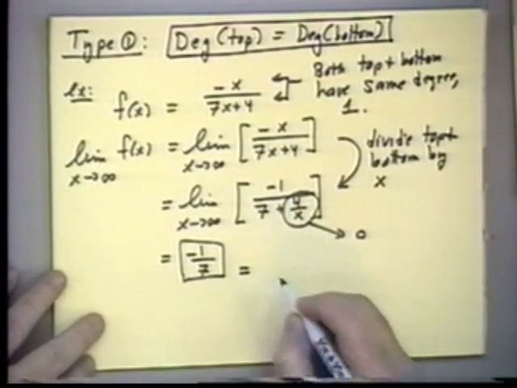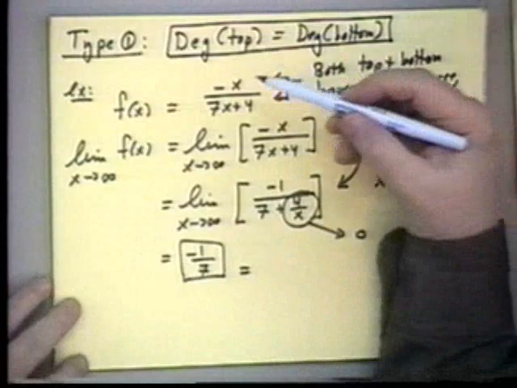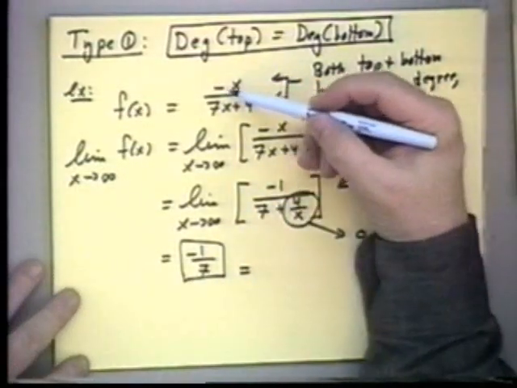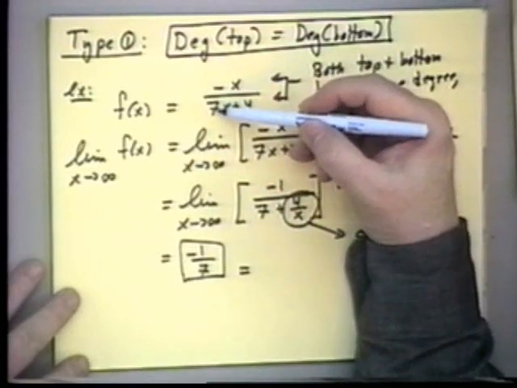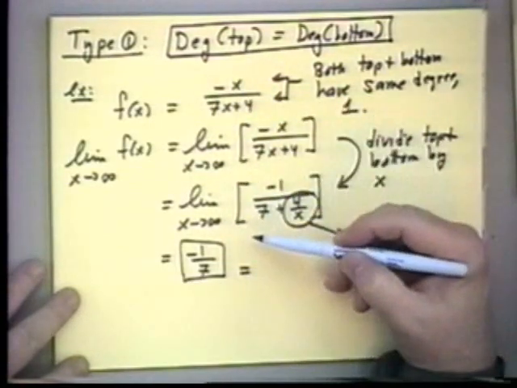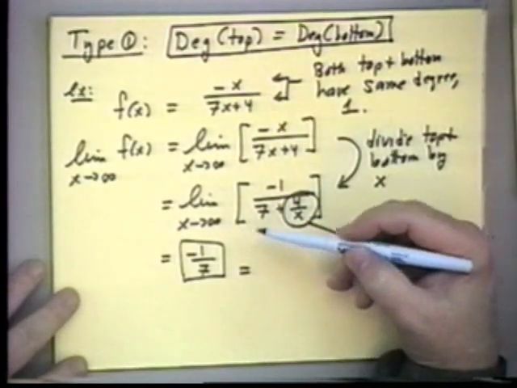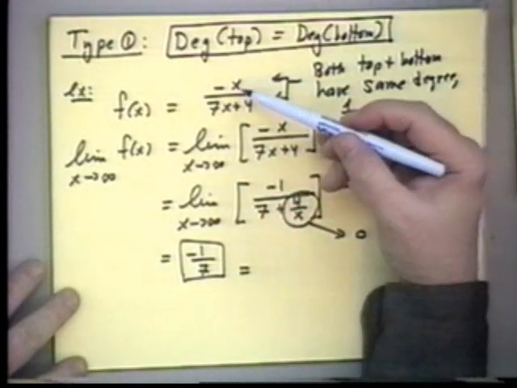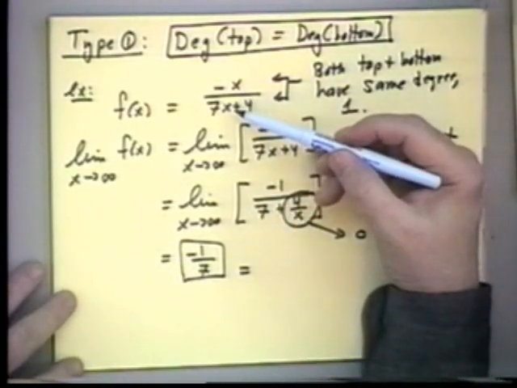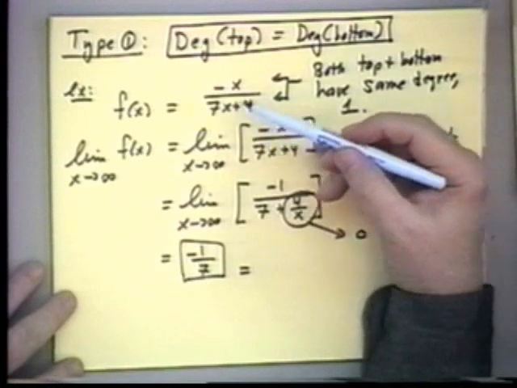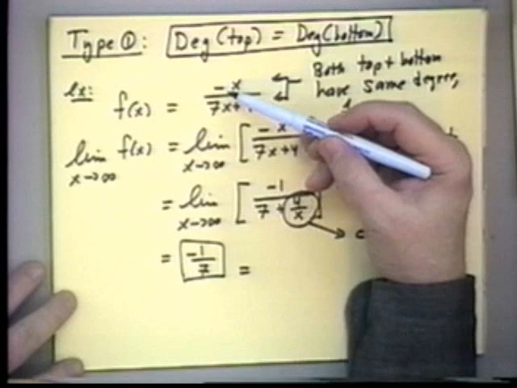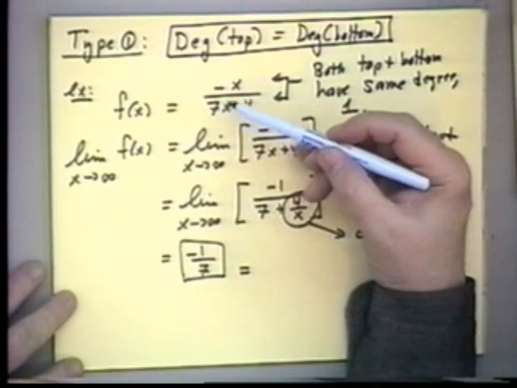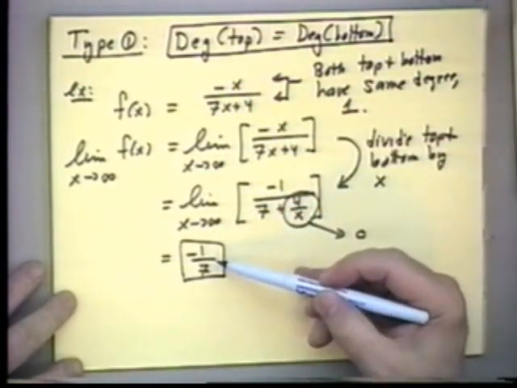And the way to remember this is to notice, from the very beginning, that minus 1 is the coefficient of the highest power of x here. 7 is the coefficient of the highest power of x here on the denominator, or the bottom. So I didn't have to do all of this work, and in the future you won't have to either. Because you've seen this work, if you have a rational function where the top and bottom have the same degree, then all you have to do is ignore everything else and just take the coefficient of the highest power on the top and the coefficient of the highest power on the bottom, and look, you have minus 1/7, just as we got here.